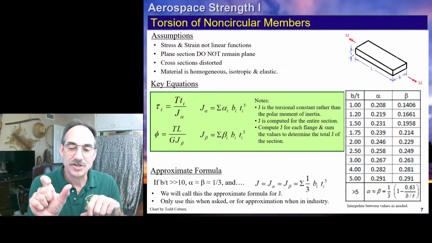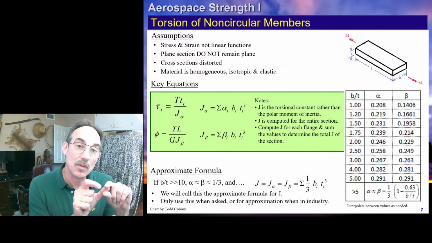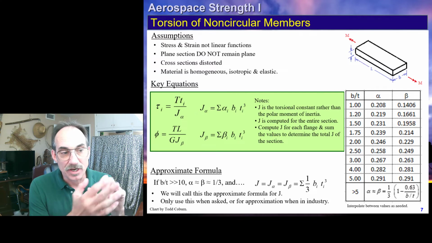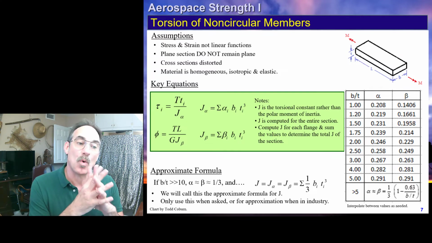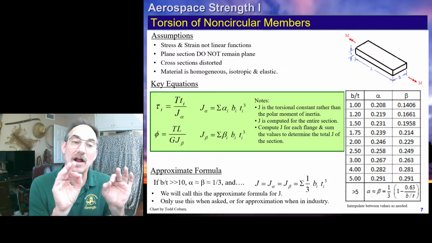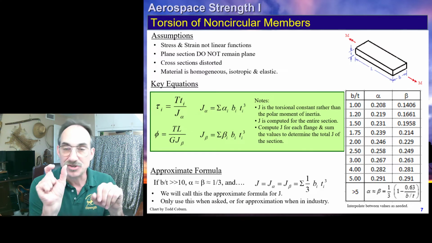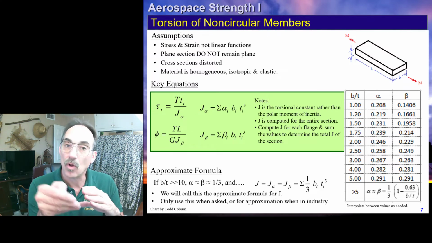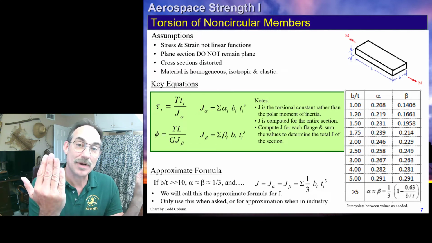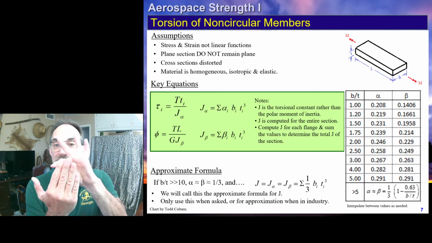If our flange is, say, 1 inch by 0.1 inch, then our b over t ratio is 10, and you would use this equation, 1/3 times 1 minus 0.63 over 10. That's how you get your alpha and your beta. Once you have your alpha and your beta, you calculate the J of each and every flange, you add them all together, and that gives you the J of the cross section. Then you calculate your stress tau of each individual flange.